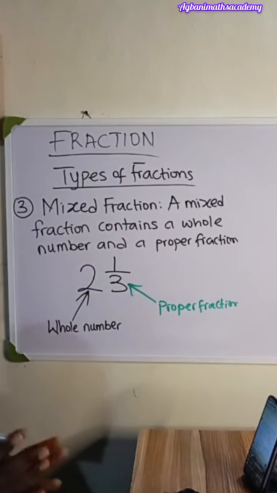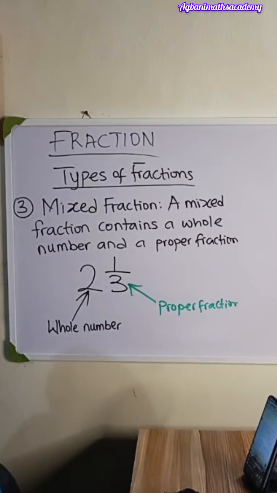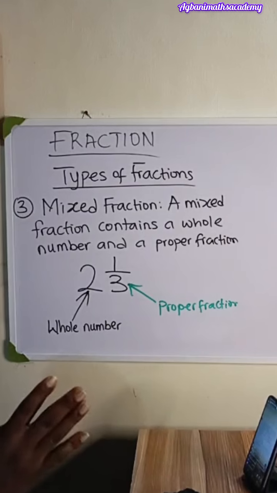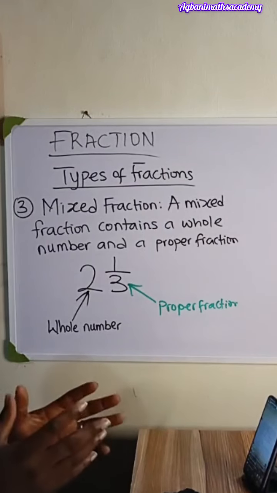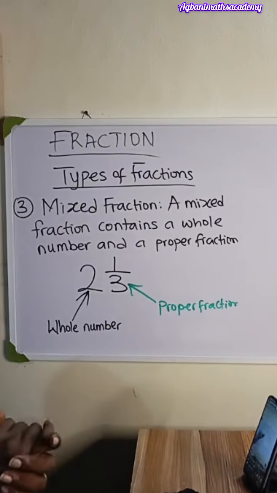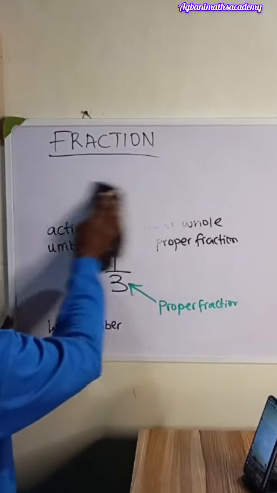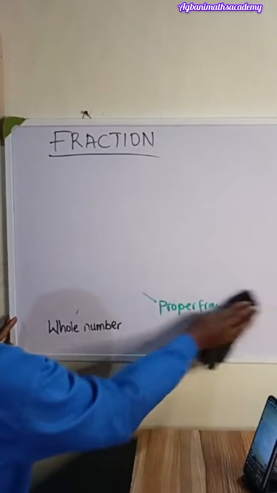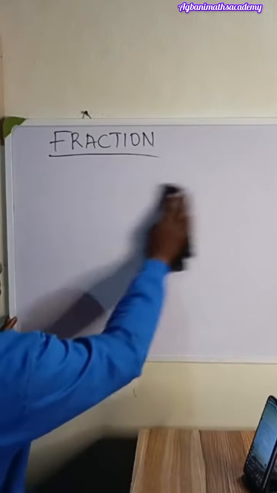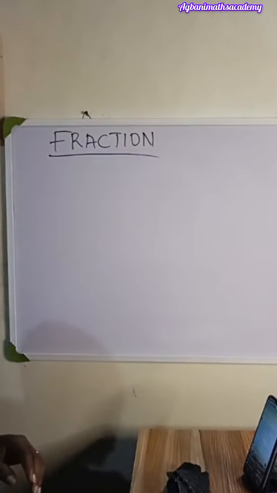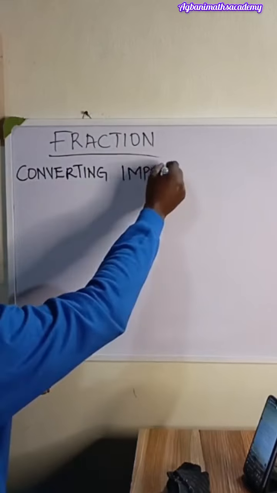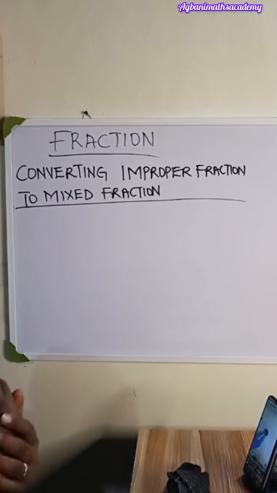So the next thing we're going to do now is to see how to convert from an improper fraction to a mixed number, and then also from a mixed fraction to an improper fraction. So that's what we're going to do next. It is very easy to convert improper fraction to mixed fraction. Let's see the simple process.